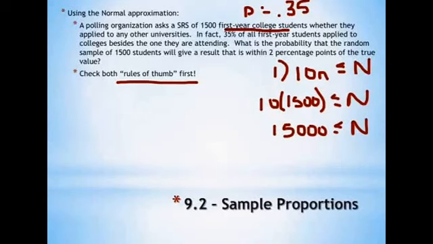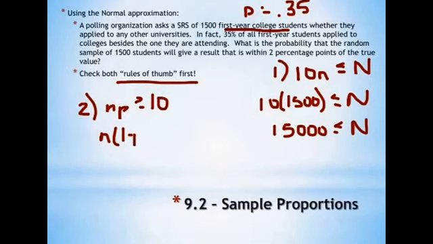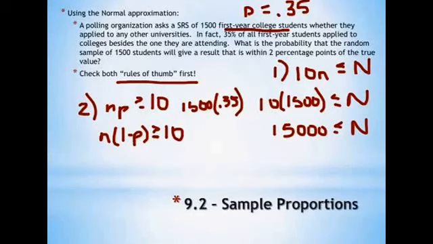And then our second rule of thumb is n times p has to be greater than or equal to 10, and n times 1 minus p has to be greater than or equal to 10. So n times p, 15,000 times our proportion, 0.35, is 525, which is much larger than 10.